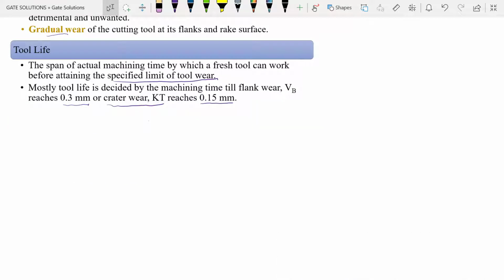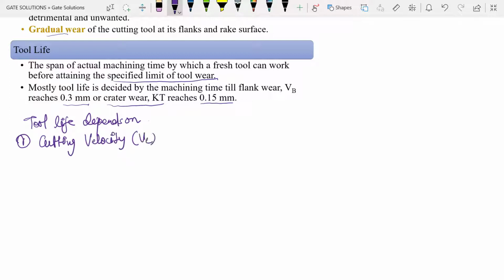The experiment was performed and it was found that the tool life depends mainly on three factors, that is cutting velocity, that is VC, next is the feed, and third is depth of cut.